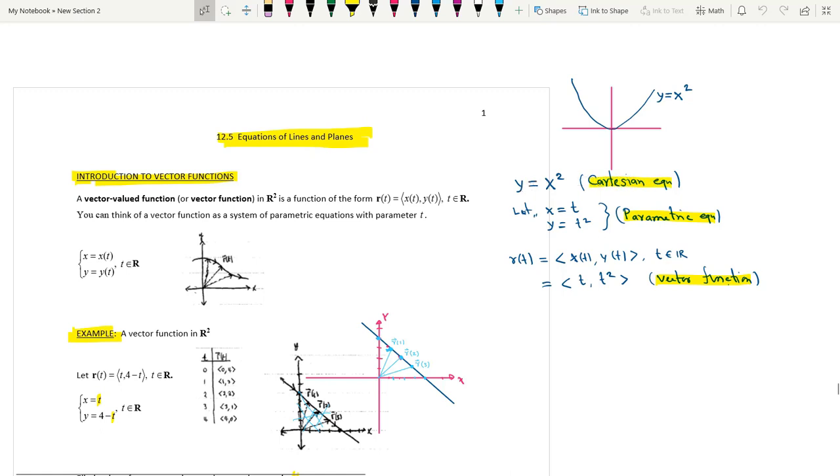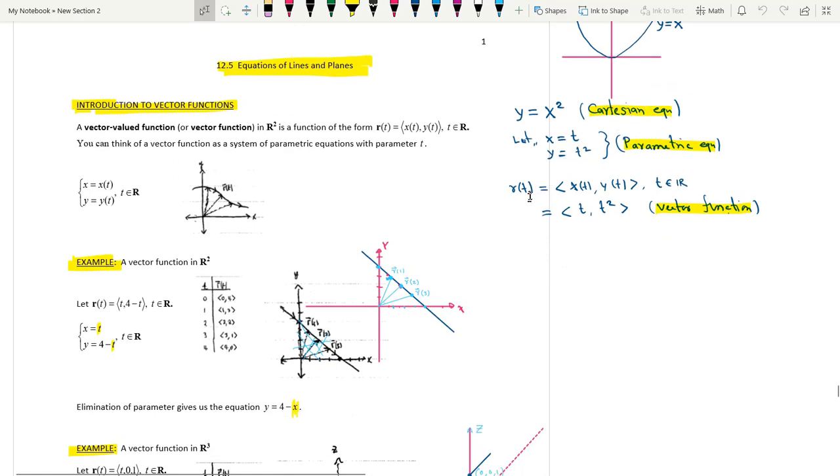Now suppose we want to convert this equation to a parametric equation. So let x equal t, where t is a parameter, and if you plug x equals t here, then y becomes t squared. So x equals t and y equals t squared is the parametric equation of this graph.